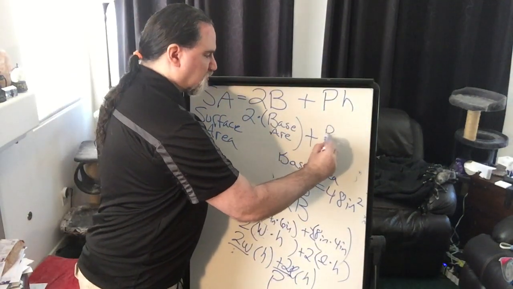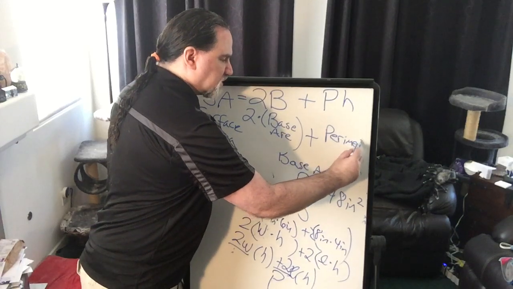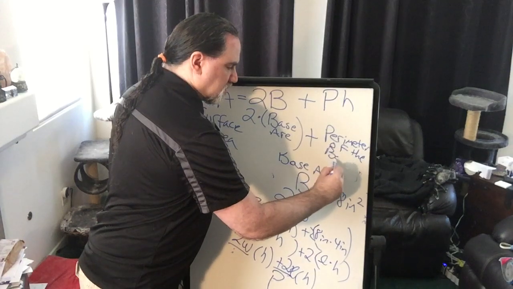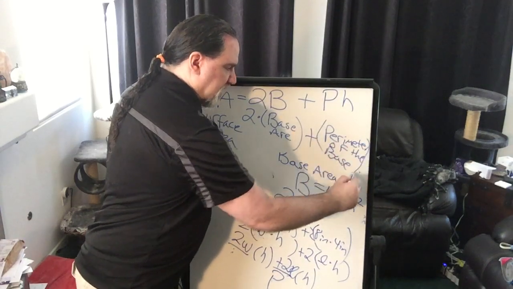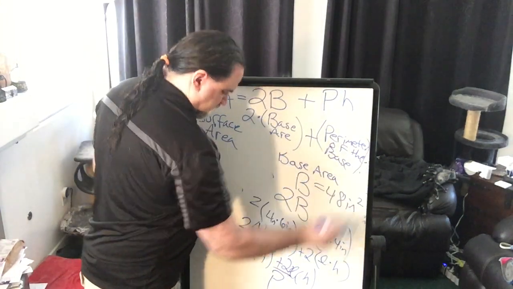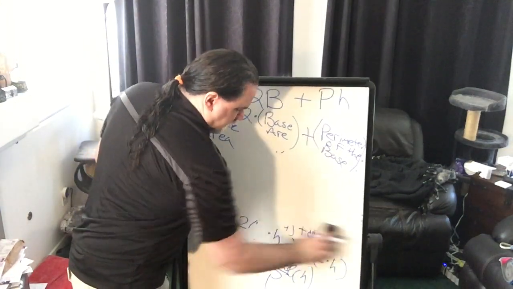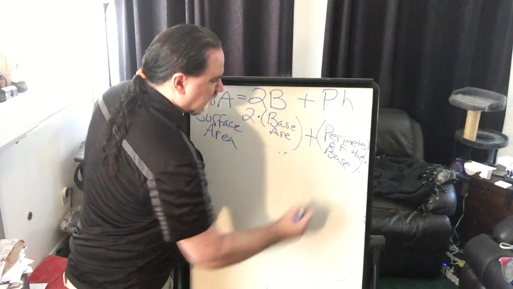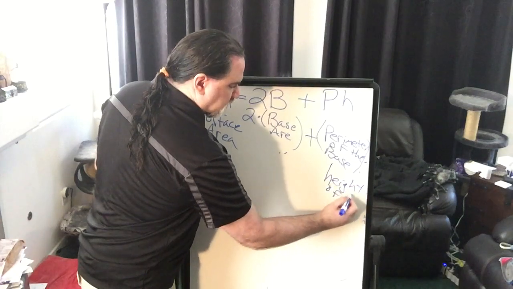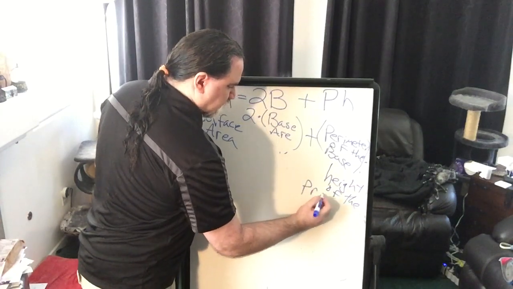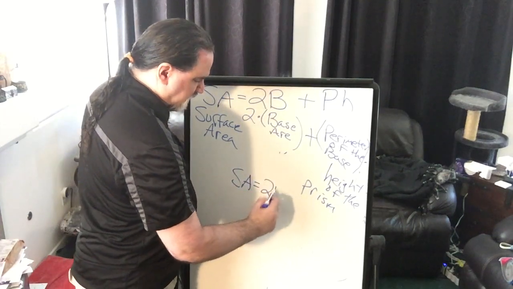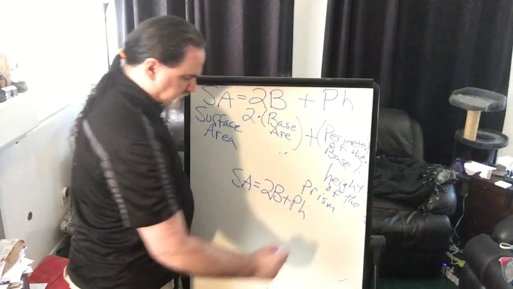So plus the perimeter, and when I say perimeter, in this case, it's the perimeter of the base, all of that, times, kind of running out of room here, times the height of the prism. So surface area equals 2B plus PH.